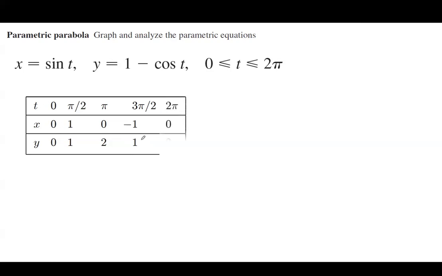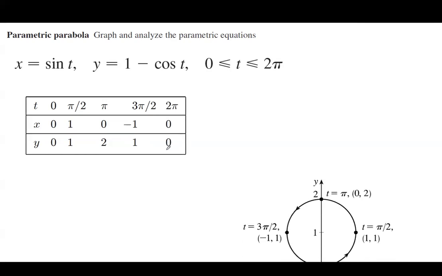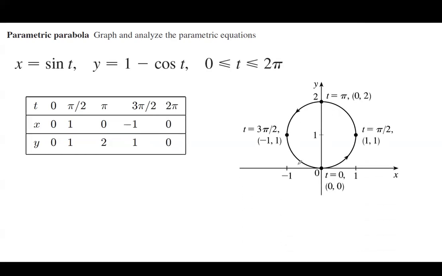And then finally, let's plug in 2 pi, which is the terminal value. You get 0 and 0. This is the graph of your curve. This is a circle centered at (0, 1), and as you can see, it is not centered at the origin.